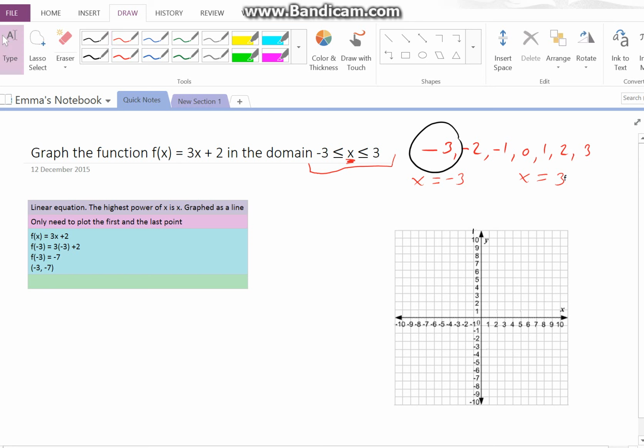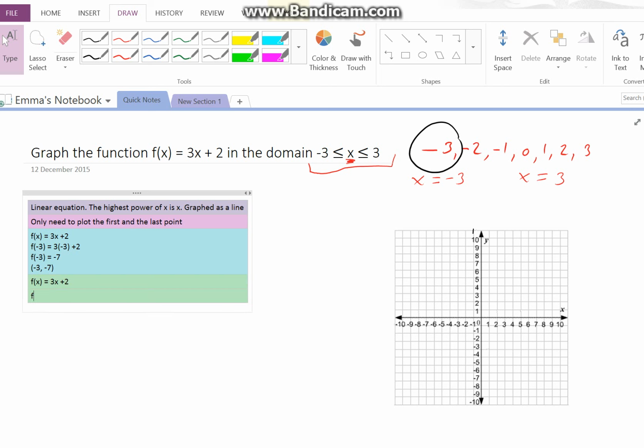I'll just write the equation first so you know where it's coming from. f of x equals 3x plus 2.